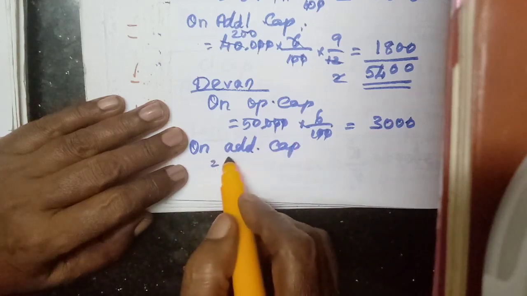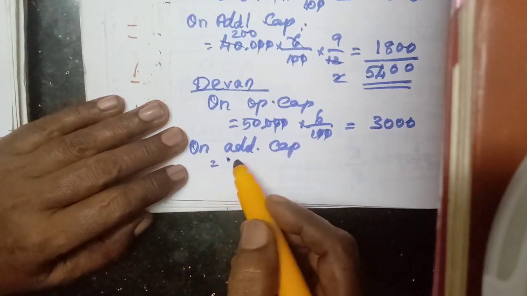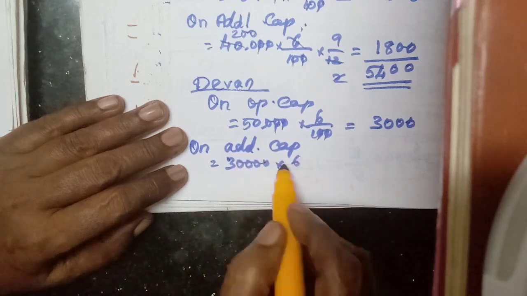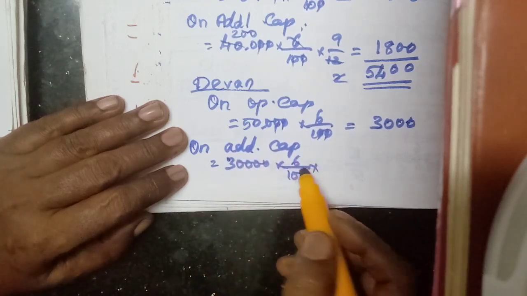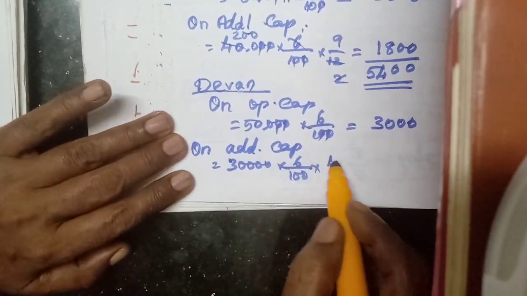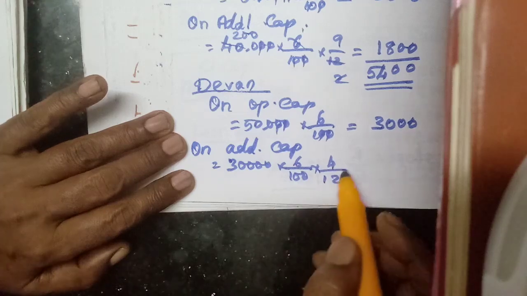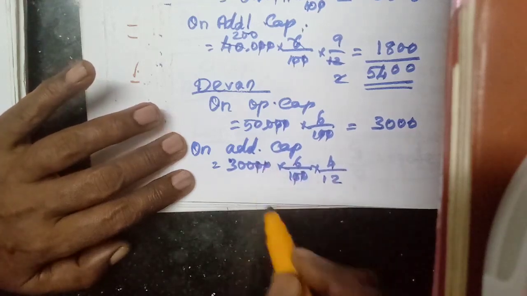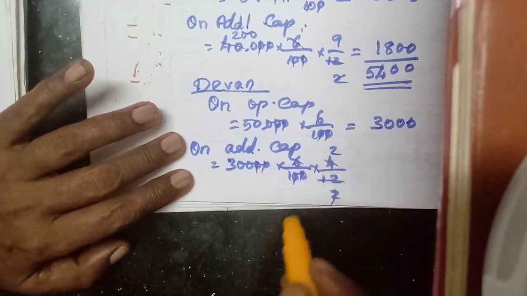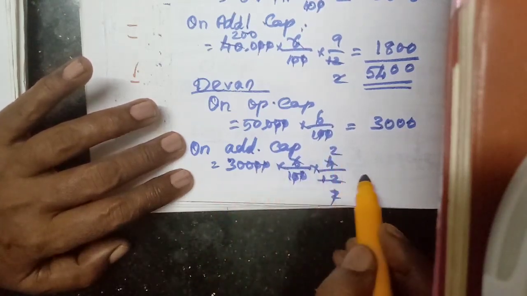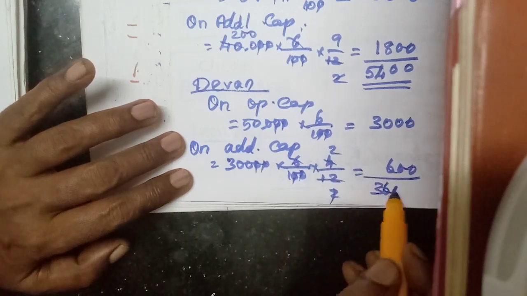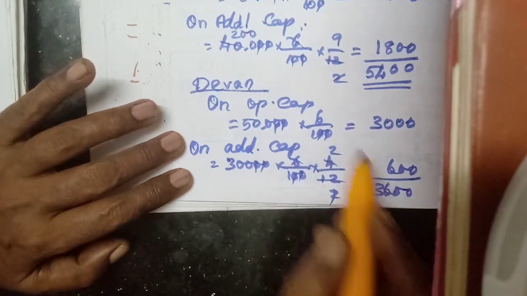How much is the additional capital of Devan? 30,000, rate 6 by 100. Then introduced on 1st September, so September, October, November, December, 4 months. So 600, and 3,600. You can write the rupees symbol here.